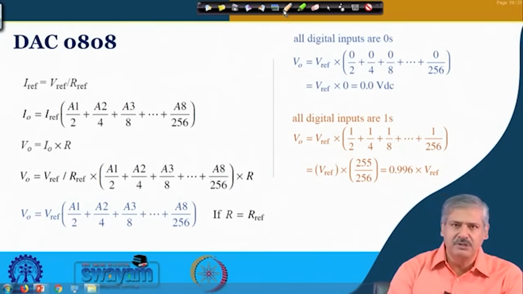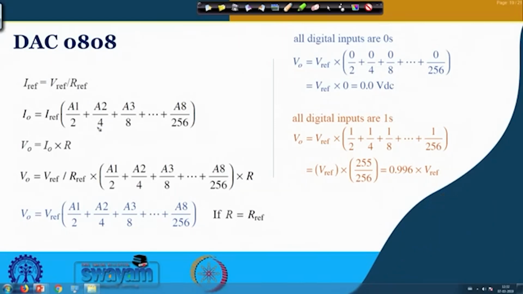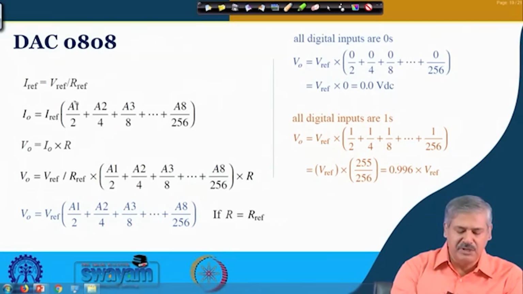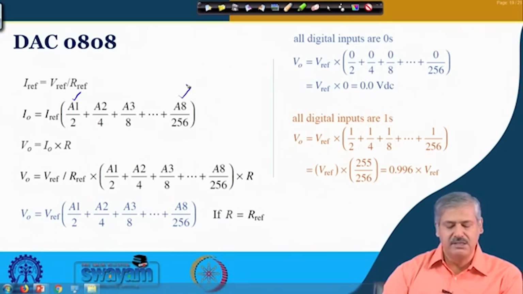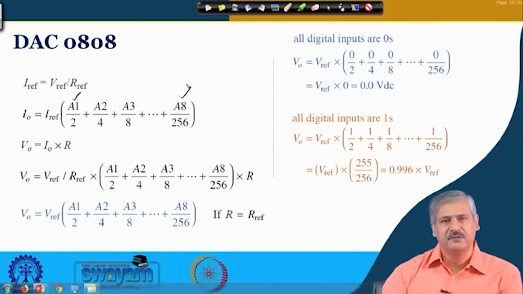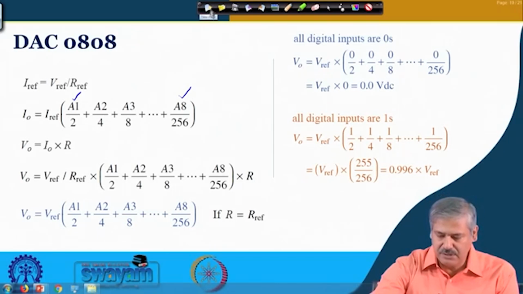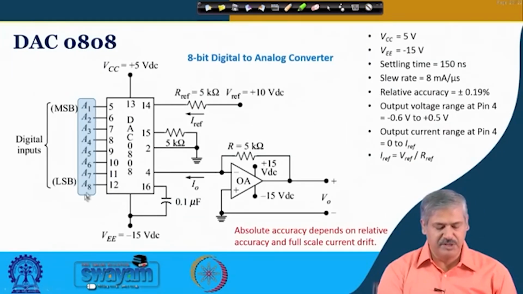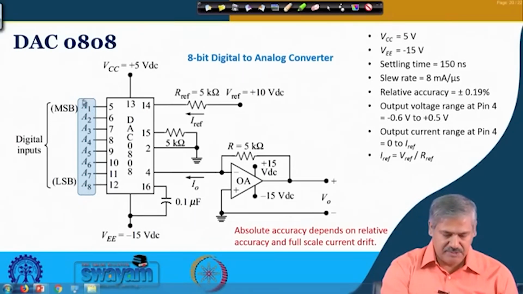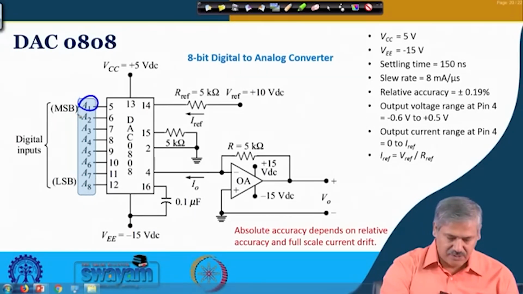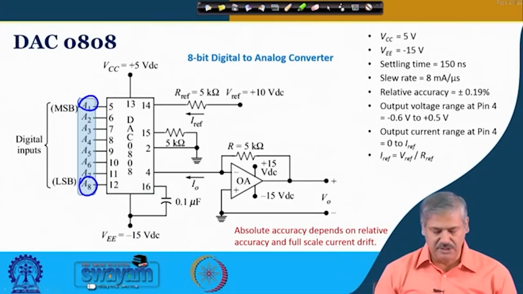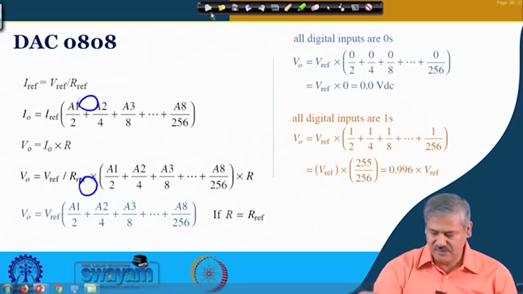So, we need not get confused with A1 and B1 and their association. Here A1 is MSB and A8 is LSB, fine. This is what we had seen before over here. A1 is MSB and A8 is LSB, and accordingly it is being worked out.